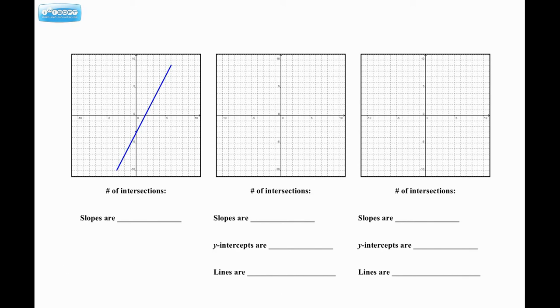There we go. Okay, and the next one had a y-intercept of 4. That's right here. And it has a slope of 1/2. So that goes like this.